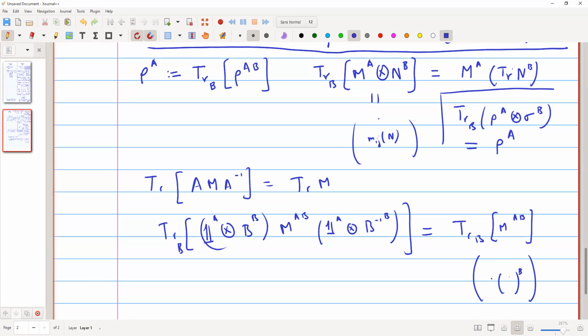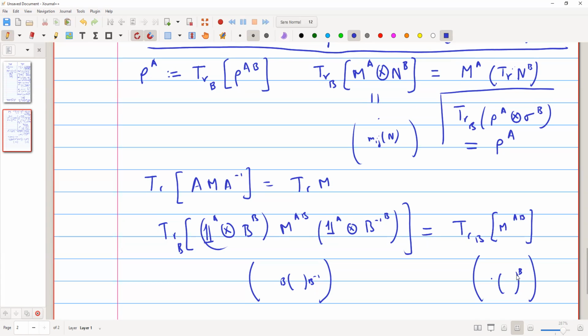Remember M AB, I'm going to break up into blocks. The blocks act on the system B, right? So it's something like this. Now if I do the similarity transformation, the analogous picture, what I'll get is, because it's identity on A, B times the same block as before, times B inverse. If I take M AB to be some matrix, but break it up into blocks, this is the ijth coordinate on A, and in the ijth coordinate of A, I'm looking at the ijth block out here.